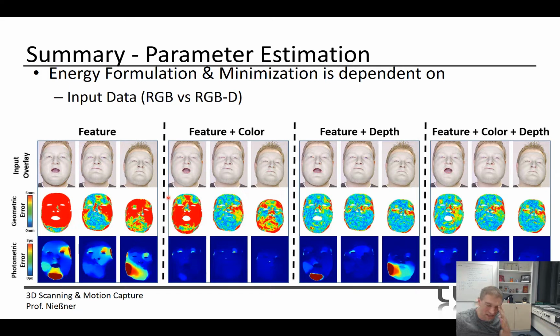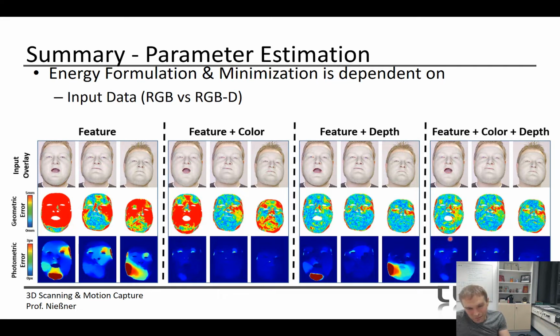So color is good for reprojection, but not that amazing for absolute metric reconstructions. If you're using only the depth, it's the other way around. The metric reconstruction is pretty good, but the photometric term is not that great, and you have similar artifacts. Only if you use both color and depth do you get both errors to be smaller.